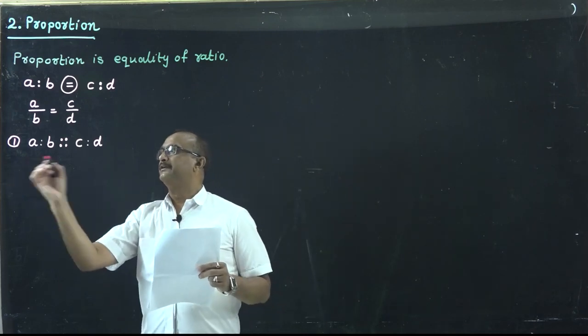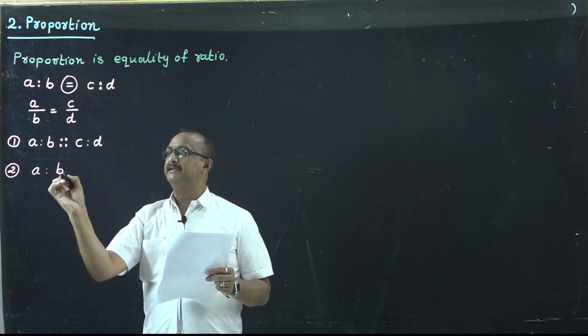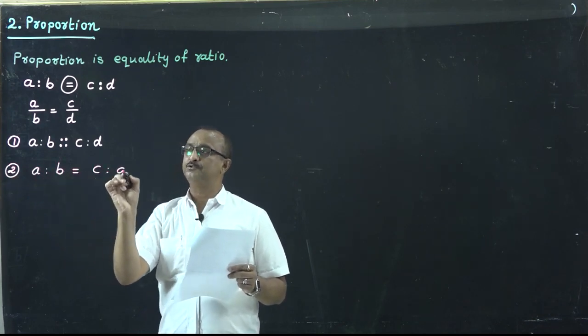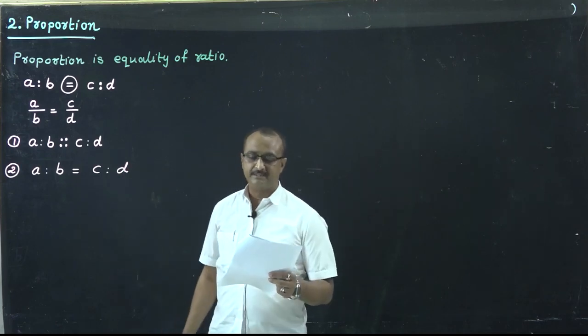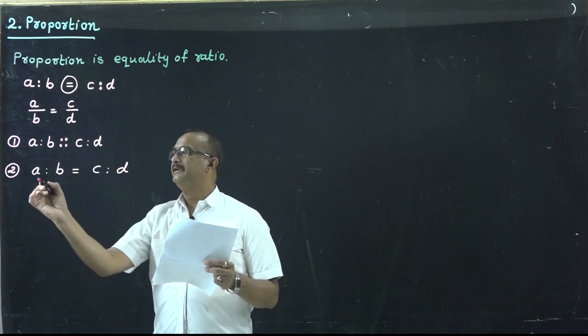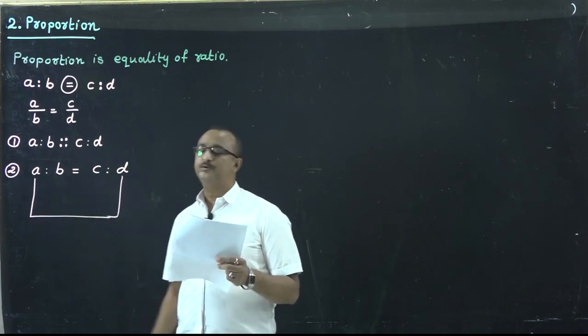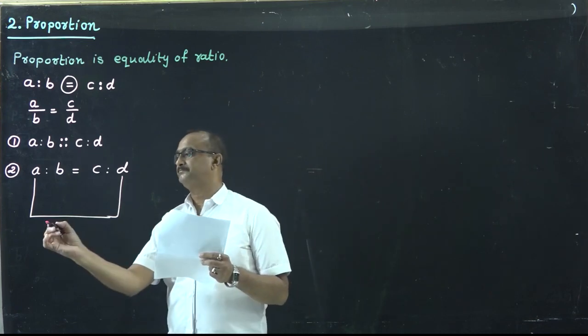Okay. Now second point, A is to B equal to C is to D. See, this is called A and D. A and D are called extreme terms.